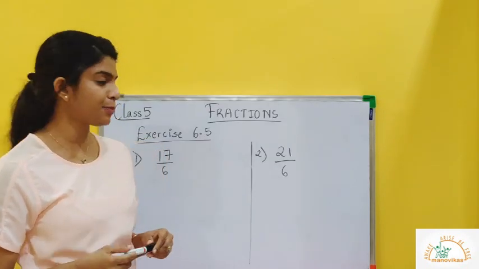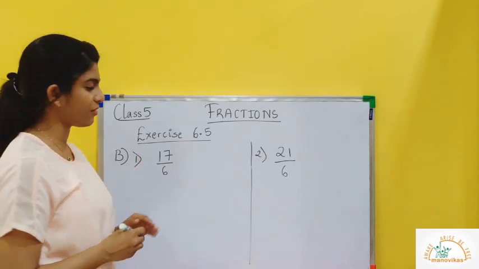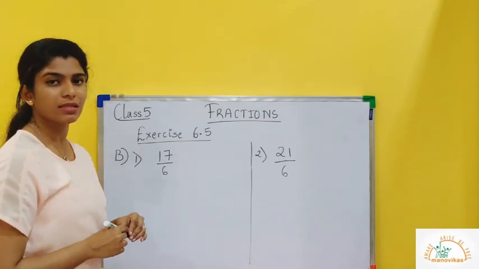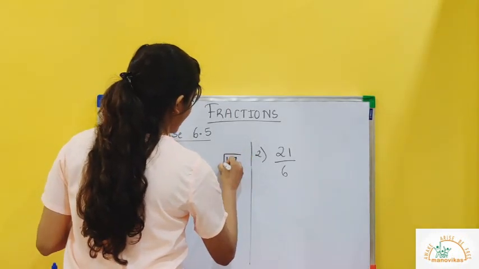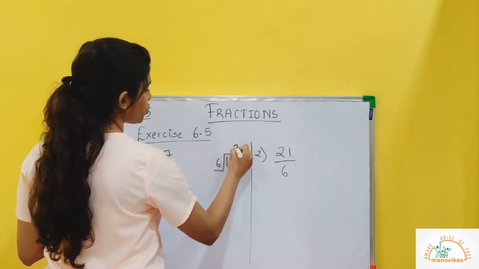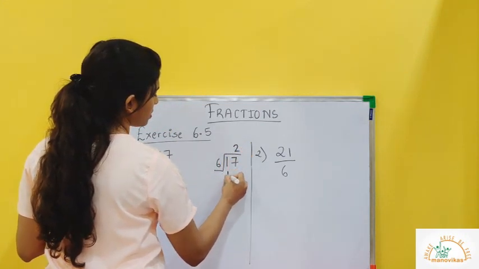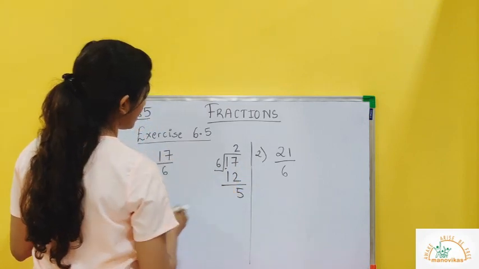Let's do exercise 6.5b. We have to convert improper fractions into mixed fractions. So the first one is 17 upon 6. 17 divided by 6. 6 2s are 12. And you get remainder as 5.